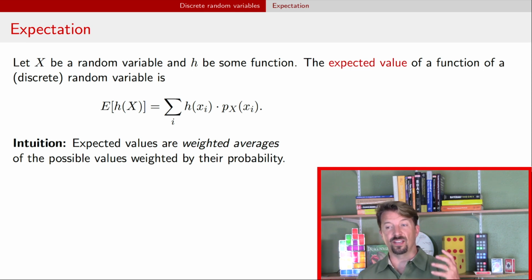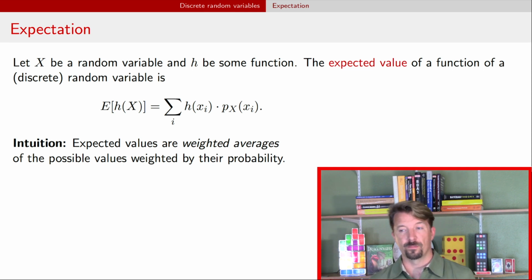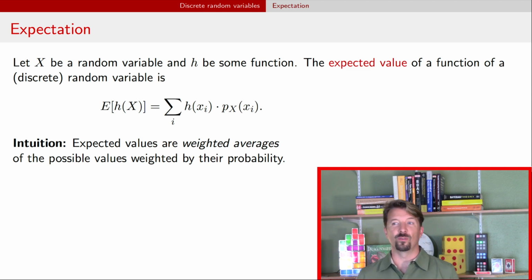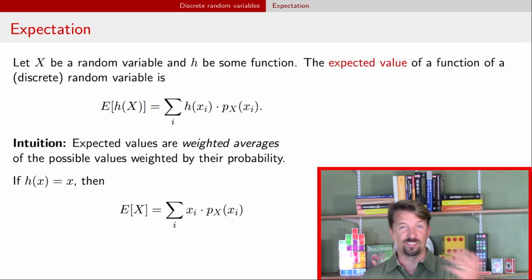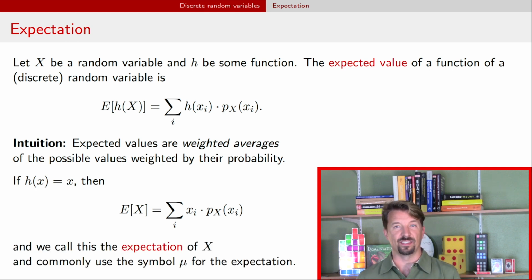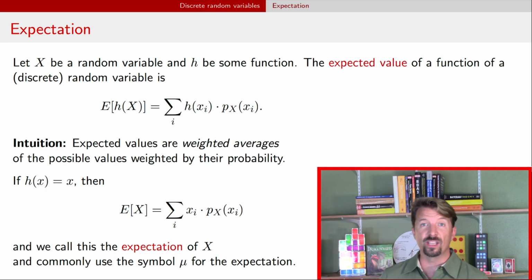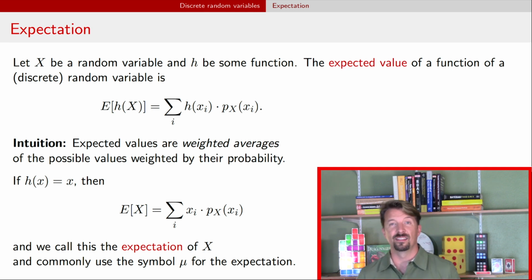The intuition is that this is a weighted average of the possible values, where the weight is the probability. The most common expectation is when h is just the identity function, the simplest thing we can imagine. This is called the expectation of the random variable x, and to be succinct we often use the Greek letter mu to indicate the expectation.